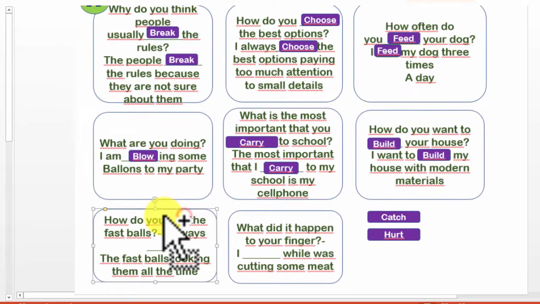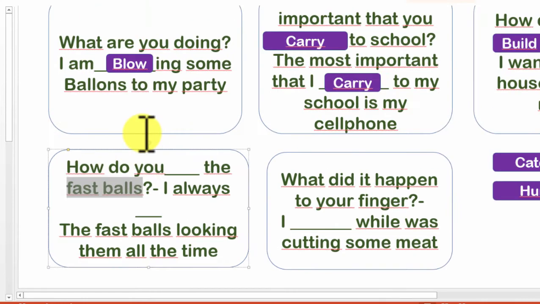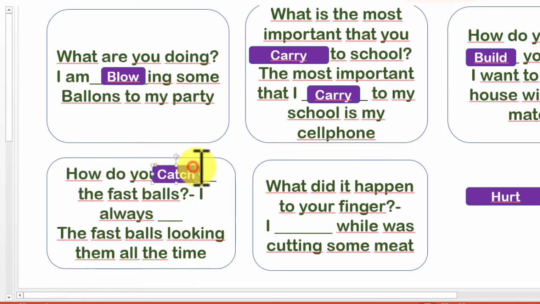How do you catch the fast balls? I always catch the fast balls, looking at them all the time.